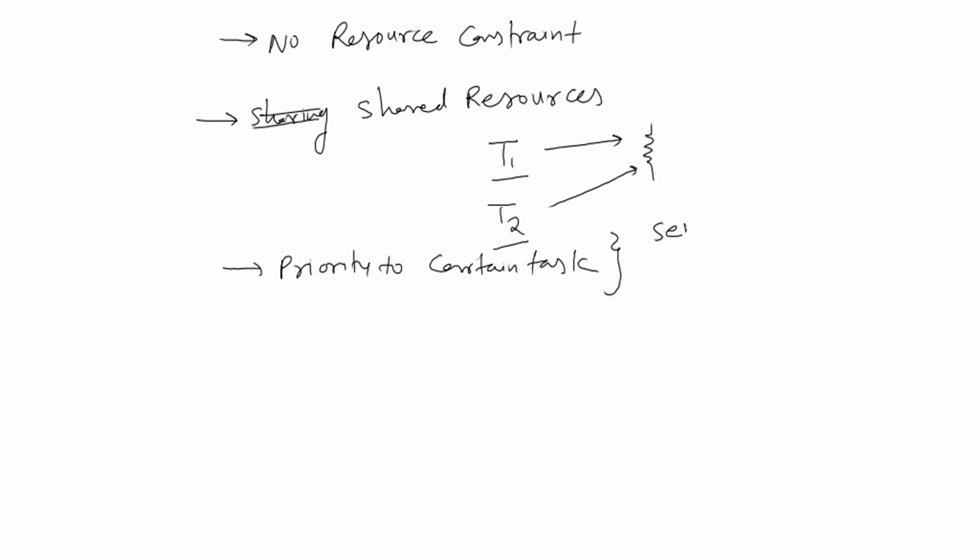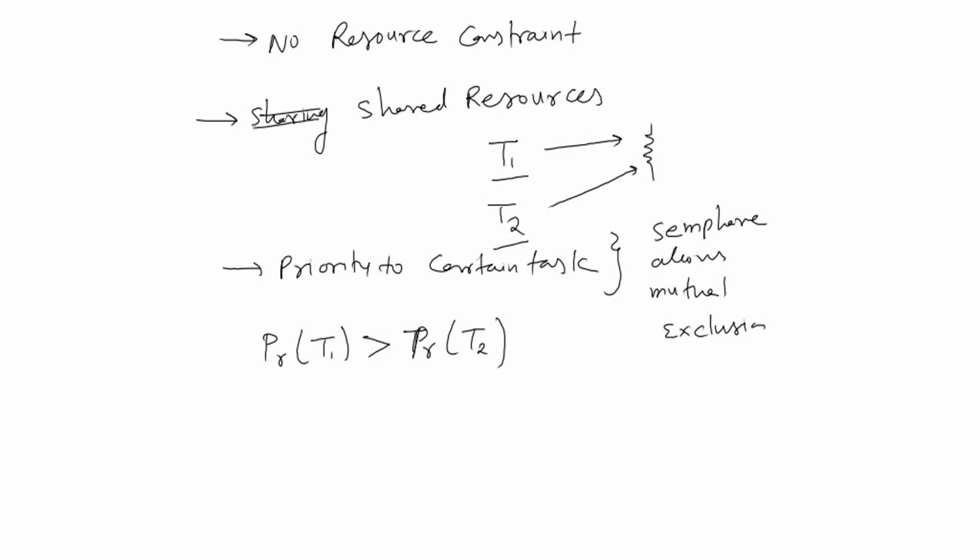So semaphores allow mutual exclusion to assign the shared resources at different times, right? Let's take an example here. There are two tasks, and task T1 has higher priority than task T2.